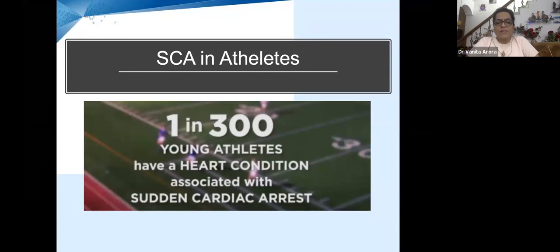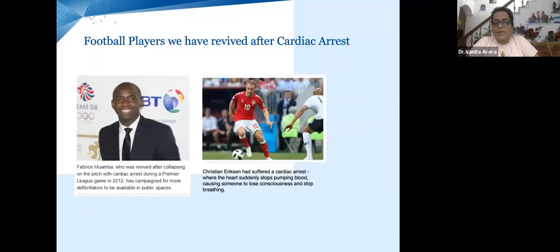Just a word about sudden cardiac arrest in athletes. 1 in 300 young athletes has a heart condition that can cause sudden cardiac arrest. So we have seen patients having sudden cardiac arrest on the field. Some of them we have been able to revive, like in the very recent episode of Christian Eriksen, the footballer who collapsed on the field.